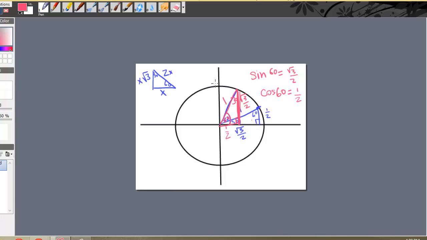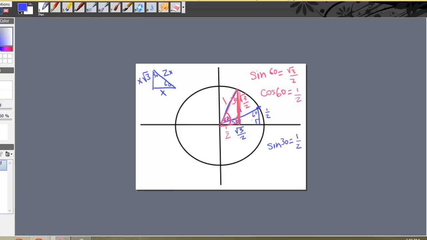And of course, let's go back to the blue color to finish up this smaller triangle with the 30 here. Your sine of 30 is equal to opposite over hypotenuse, so it would be 1/2.